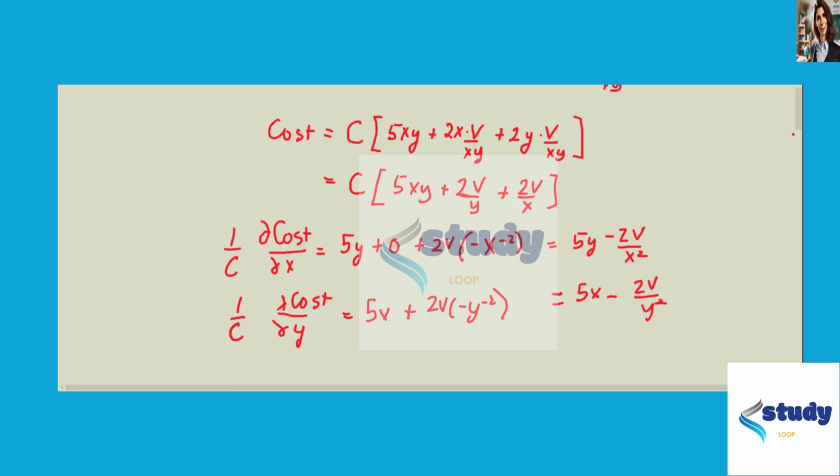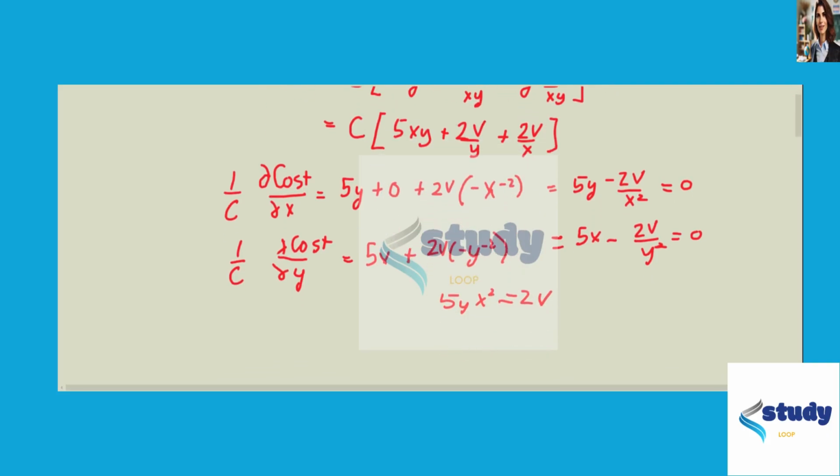Okay, now we're going to set each one equal to 0. And I'm going to multiply the top one by X squared. So I get 5YX squared equals 2V. And then I'm going to multiply the second one by Y squared, and I get 5XY squared equals 2V.